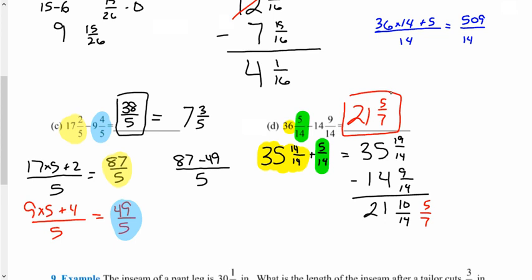509 fourteenths. And then we're going to take, for the other one, I'm going to take 14 times 14, and then add 5 to it. And we'll call that over fourteenths. Okay. And then what that becomes, wait, why did I say 5? Oh, that's 9.